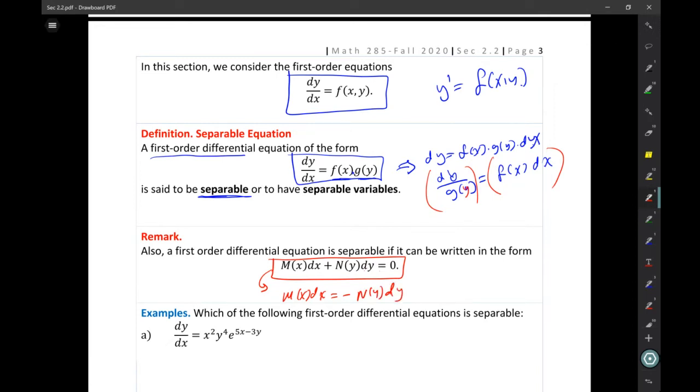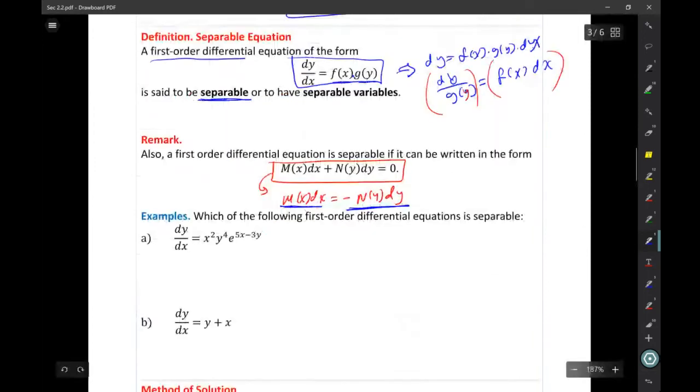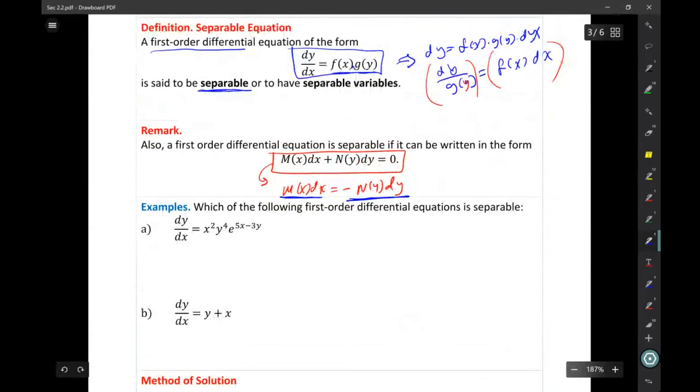Again, you can separate a function with respect to x times dx and another function with respect to y times dy. Now, it is clear what's the meaning of separable differential equation. Right. Let us see if the following differential equation is separable or not.